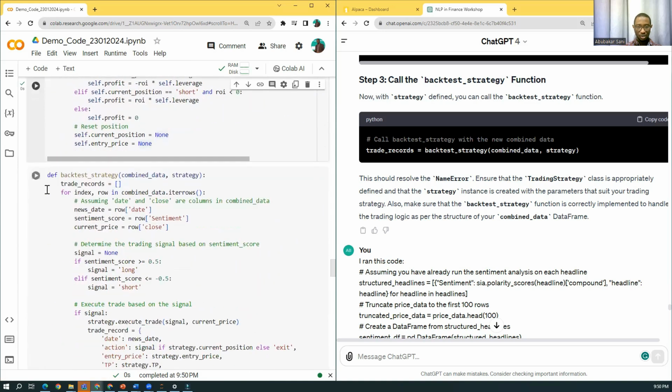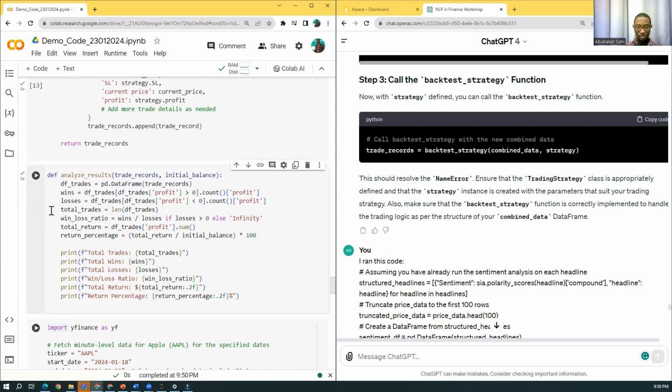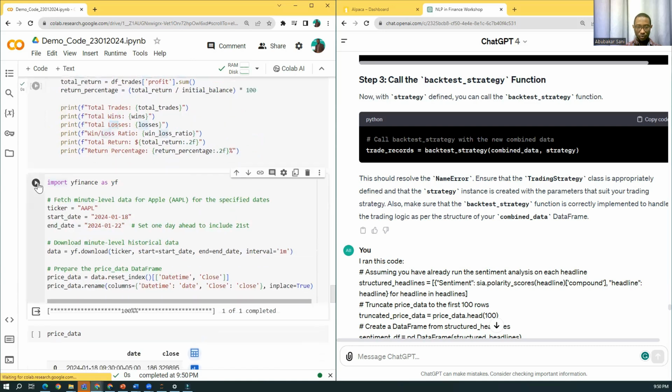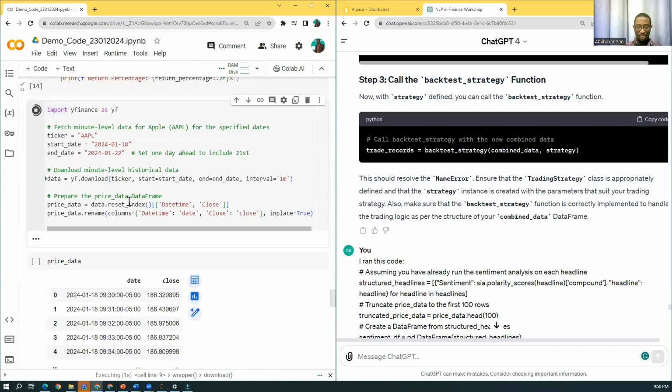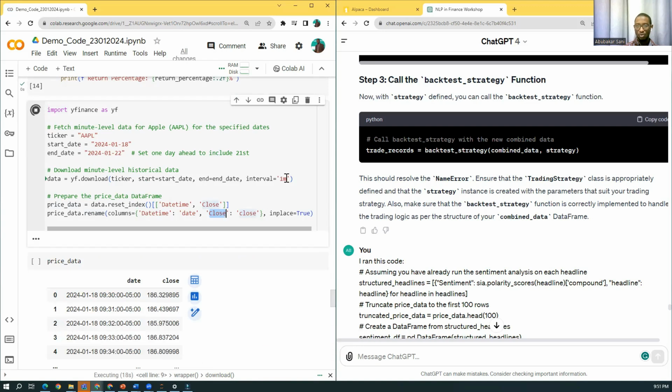This is the function for backtesting the strategy. It will analyze my results so that I see the total trades, total wins, losses, and what have you. Yahoo Finance allows me to download the price data, the close price, and the interval is 1 minute.